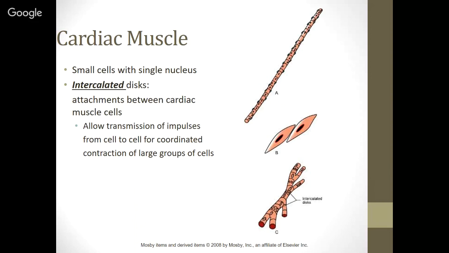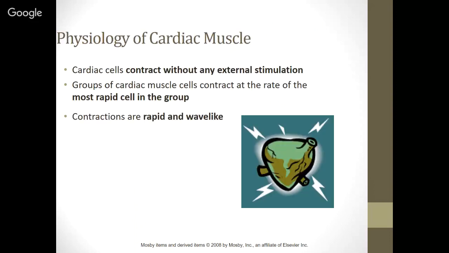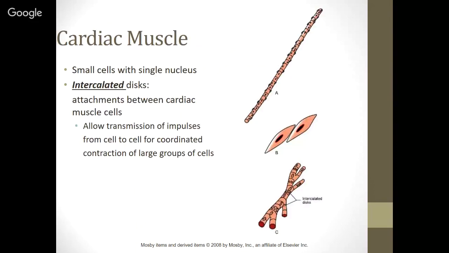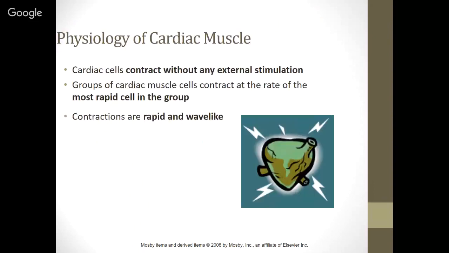They have intercalated discs between them, which are the attachment between the cardiac muscle cells, like the Z line or the discs where the actin filaments are attached and cause that contraction. These intercalated discs allow transmission of impulses from cell to cell so that we have a coordinated contraction for large groups of cells. That went too quickly.